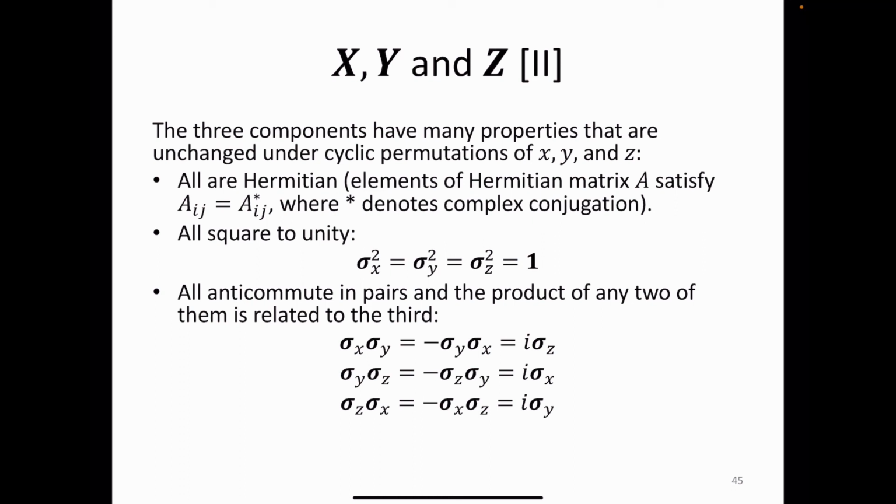And the same is true for all the others. And all anti-commute in pairs, and the product of any 2 of them is related to the 3rd one. So if we look at sigma sub x and sigma sub y, it anti-commutes, and is related to z by i sigma sub z.